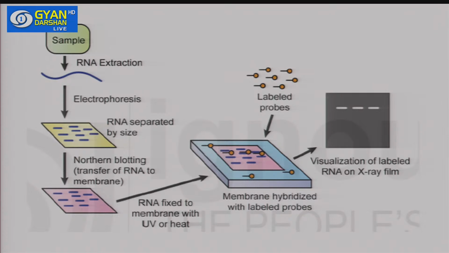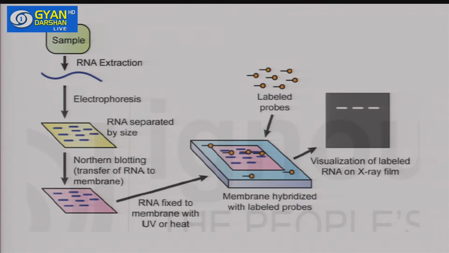So basically the process is the same as Southern, but the difference is that you need to transfer the RNA. You need to load the RNA in an agarose gel, and then you need to transfer the RNA to the nylon membrane or the nitrocellulose membrane. And then the process is the same.